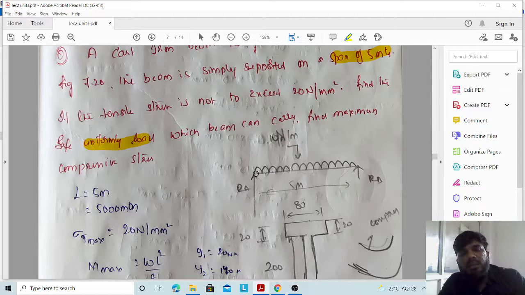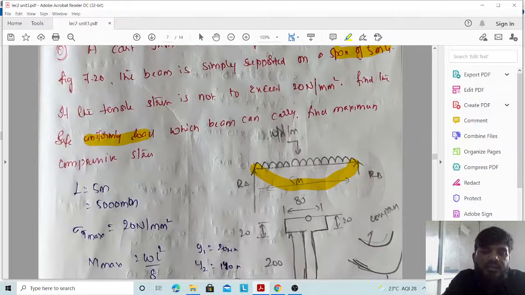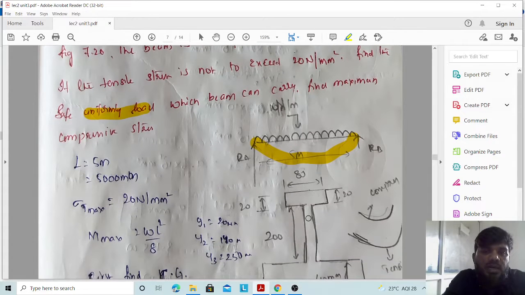The maximum bending moment will be at the center, and for a load W it is WL square by 8. This is the maximum moment for a UDL on a simply supported beam. The length is given, so it is W into 5 square by 8. This 8 is fixed for the UDL.